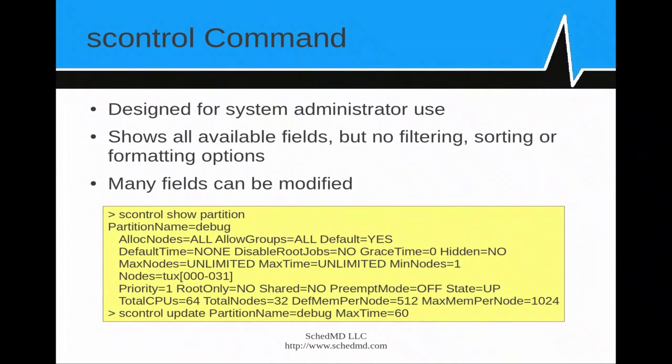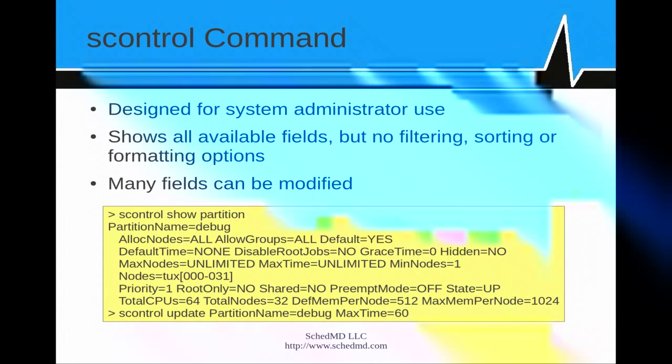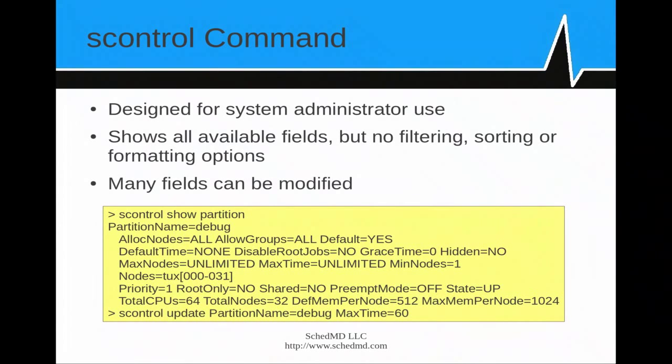So for example, the information about partition debug here is printed, and then you can modify most of the fields for the various entities. So job time limits or step time limits or partition time limits or sizes, and the output from the scontrol show command is used as input to the scontrol update command.